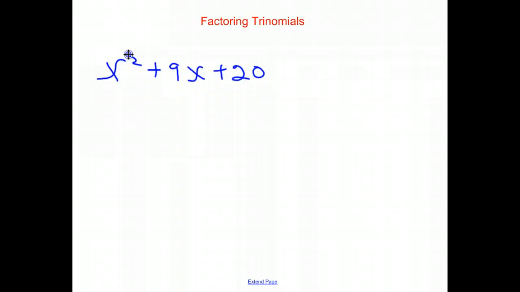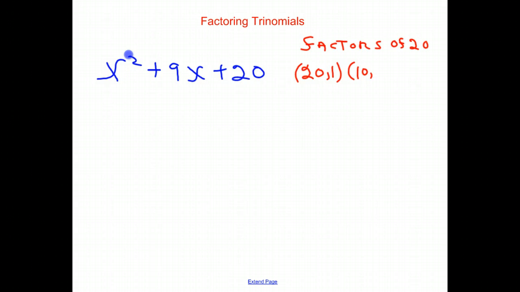So we could list out the factors of 20. And we know that we have 20 and 1. We have 10 and 2. And we have 5 and 4.